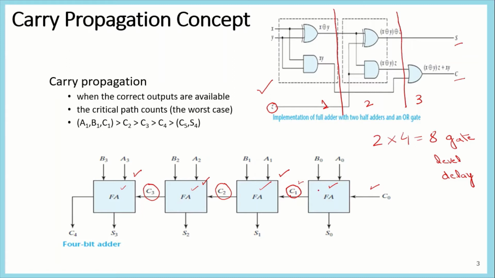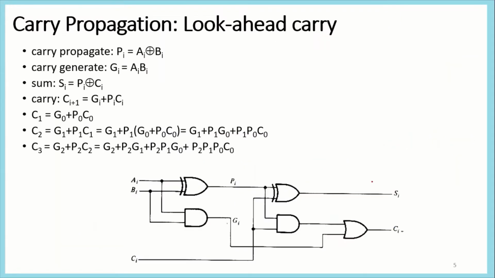In order to reduce this delay, we need to design a mechanism which can reduce our carry propagation delay. This is the circuit of a normal full adder. What we do here for the sum and carry term is add two intermediate variables in the system.